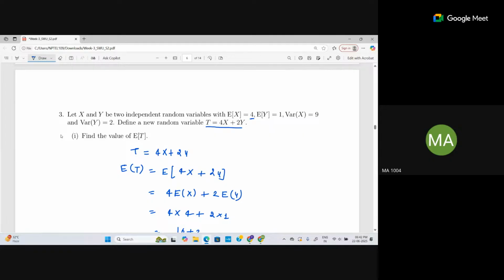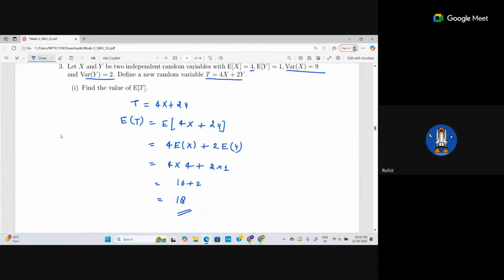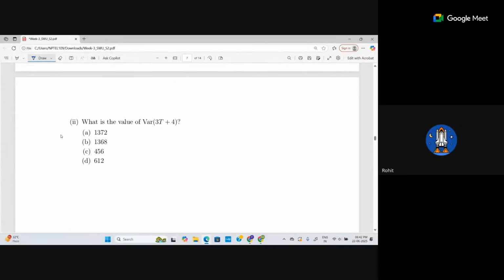And this is the value for t. Now, can you scroll down, please? Yes. Ma'am, is the answer 152? So option B is correct. 1368. Sorry, ma'am, my bad.